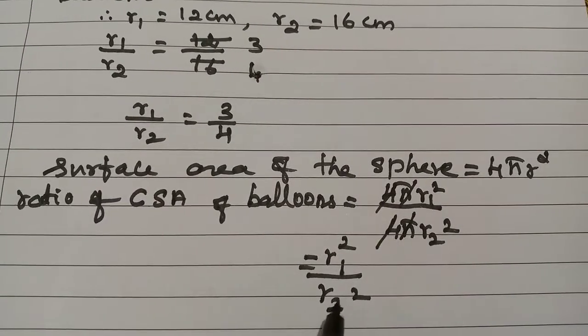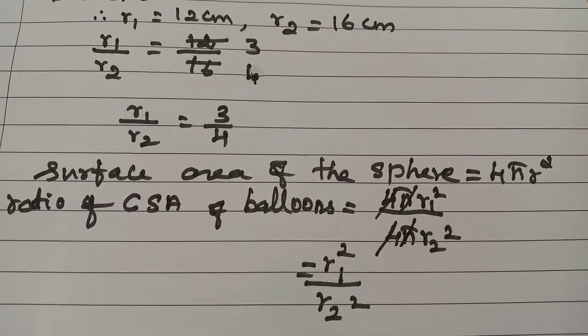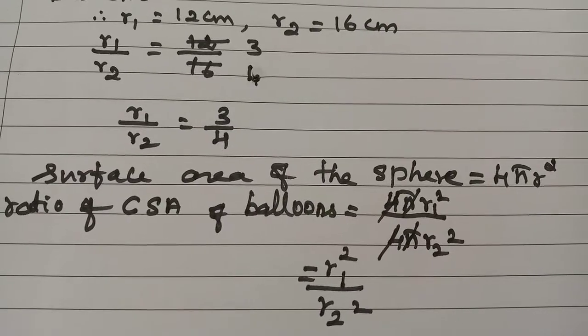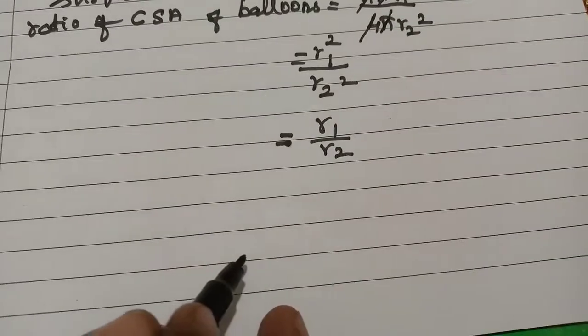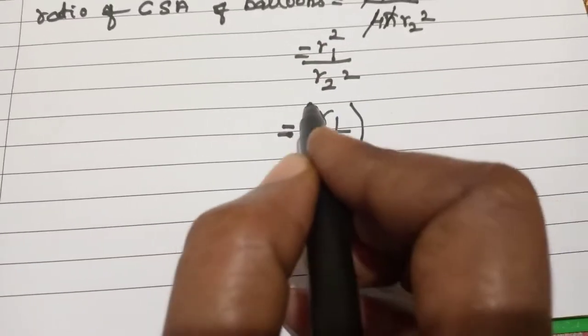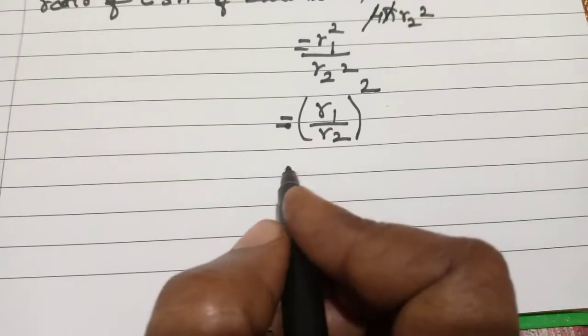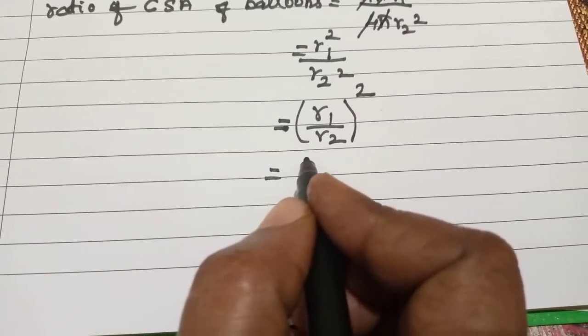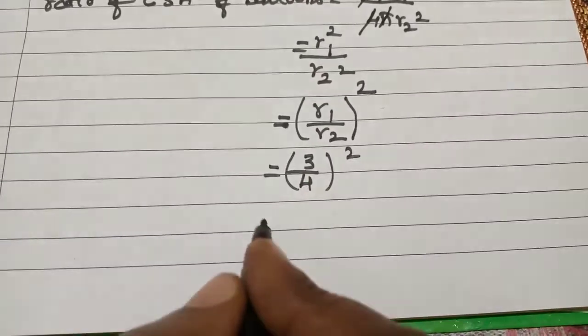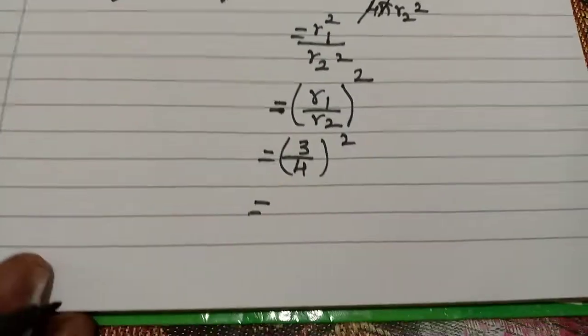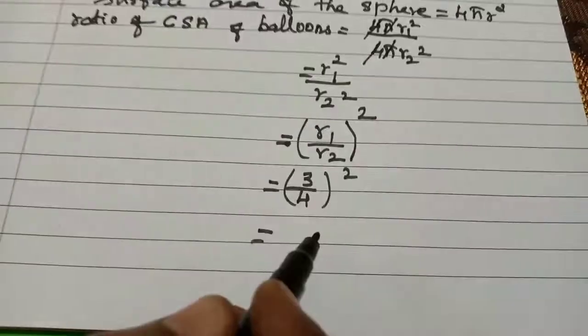Here commonly take the square. It can be written r1 by r2 the whole square. Square commonly we have taken, r1 by r2 the whole square. r1 by r2 we have 3 by 4. So it can be written 3 by 4 the whole square. Square it, we get 3 square by 4 square.